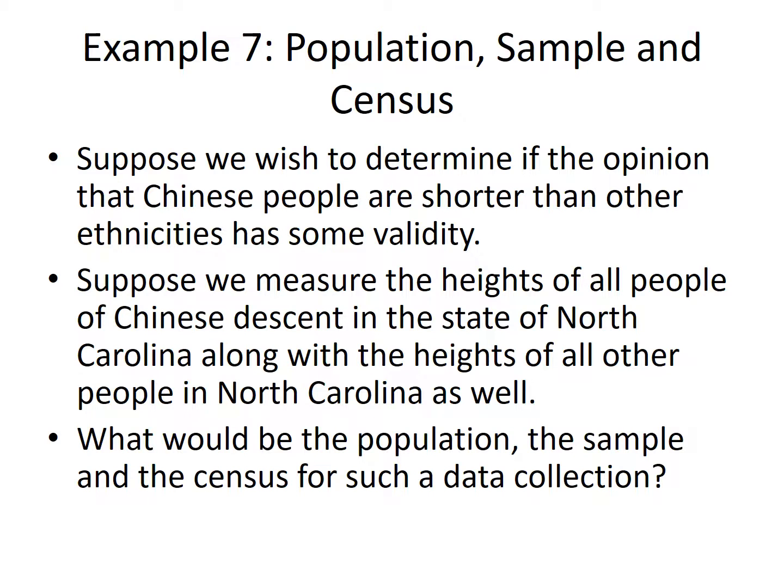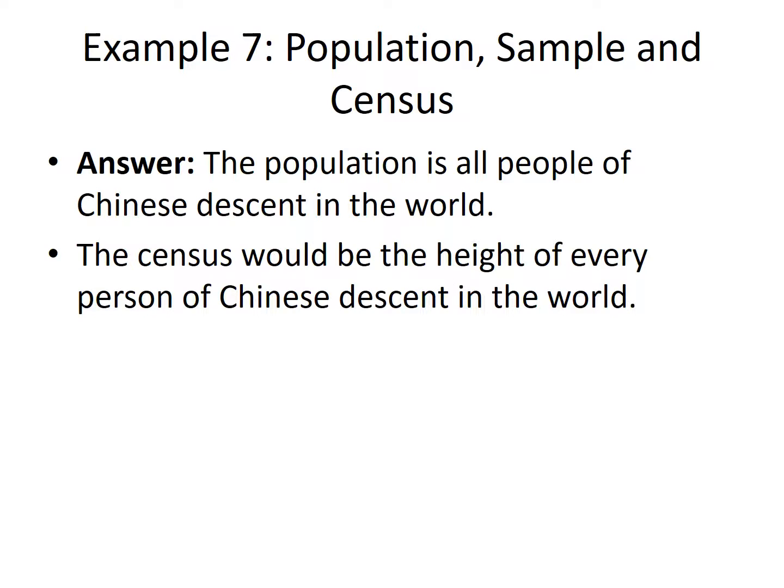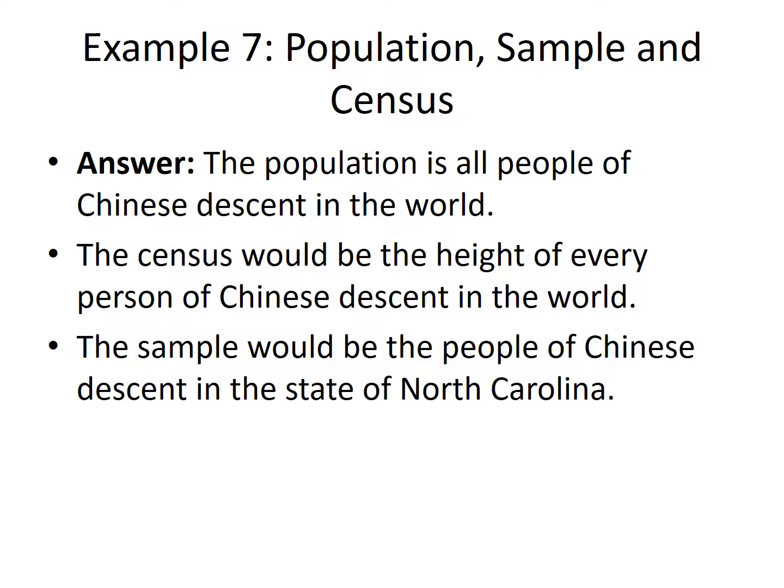What would be the population, the sample, and the census for such a data collection? The population is all people of Chinese descent in the world. The census would be the height of every person of Chinese descent in the world. And the sample would be the people of Chinese descent in the state of North Carolina.